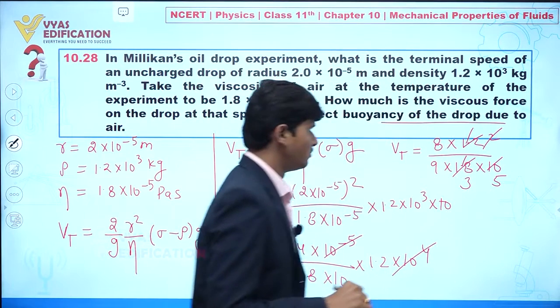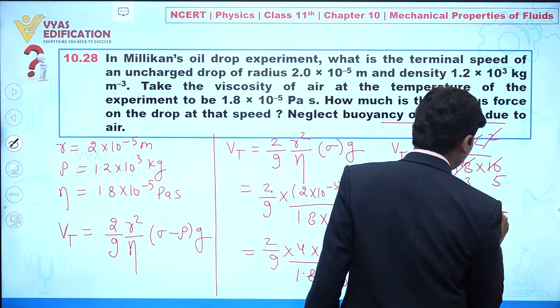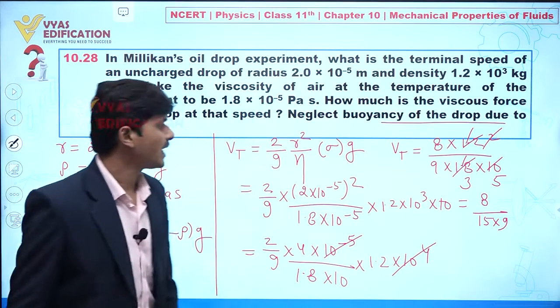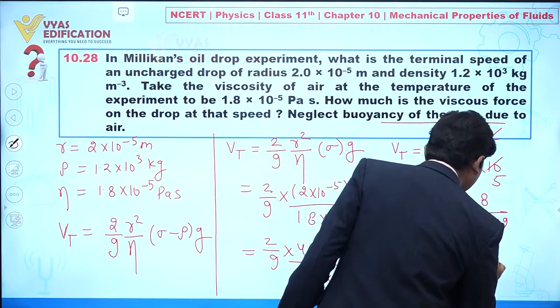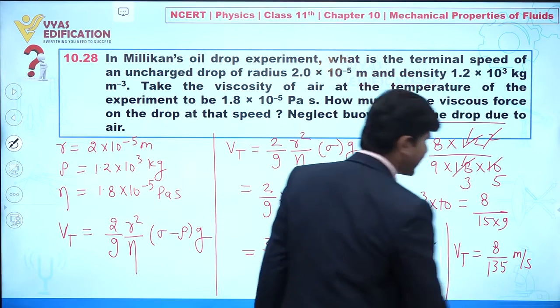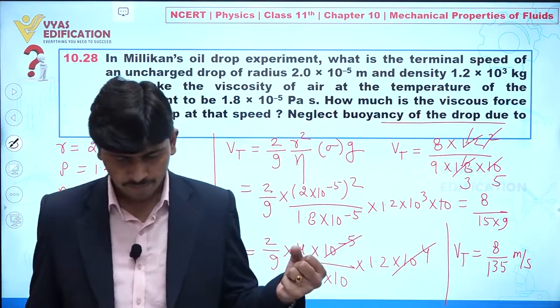So we can write Vt as 8 divided by 15 multiply 9, that is 135. So the value of Vt is 8 upon 135 meter per second. Like this we can calculate the value of terminal velocity.